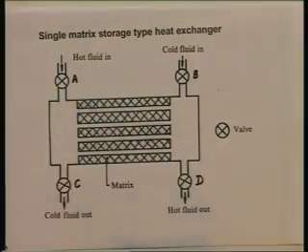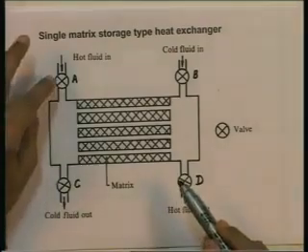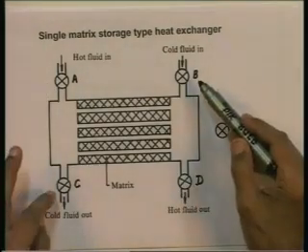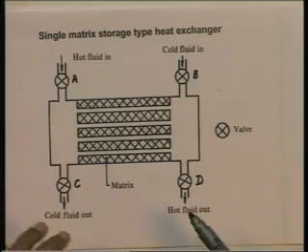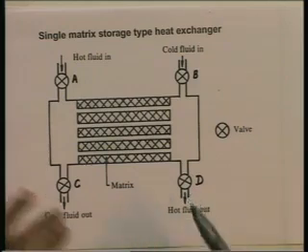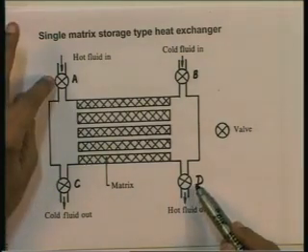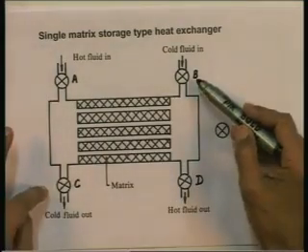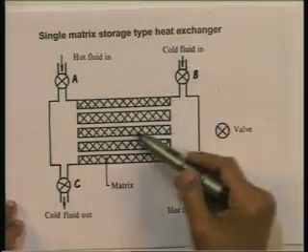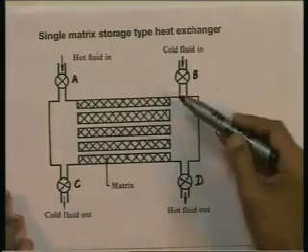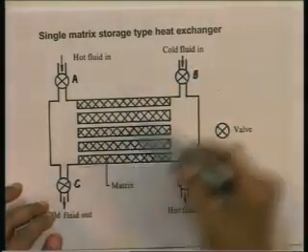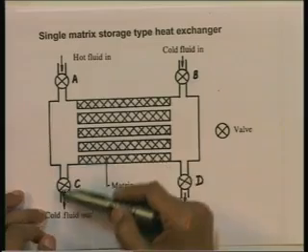We do this for some time, then during this period, of course, B and C are closed. Now, after doing this for some time, we close A and D and open B and C, so that the cold fluid starts to flow through this matrix, and the cold fluid picks up heat from this matrix, gets heated and then flows out.